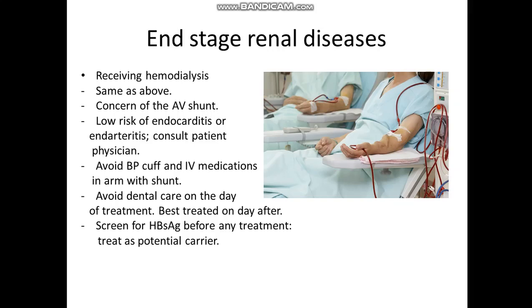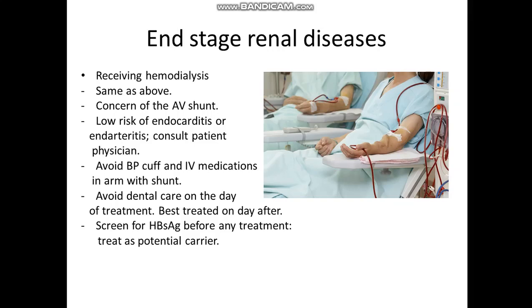There is also another reason: the platelets passing through the machine might be subjected to destruction. Because of this destruction, the number of platelets will decrease, and the patient may be more susceptible to bleeding. For this reason, we have to avoid the day of hemodialysis and give dental treatment on the day after hemodialysis.